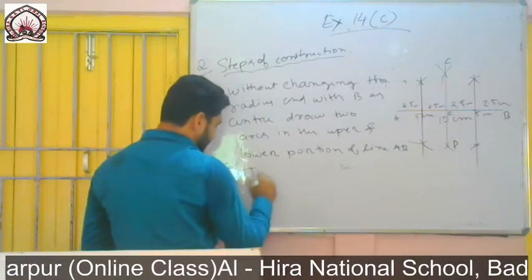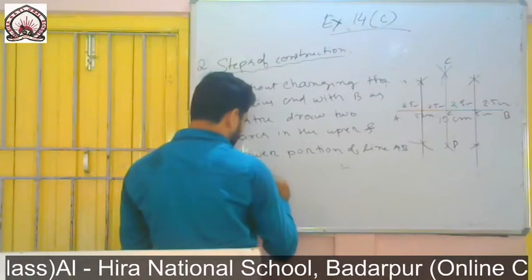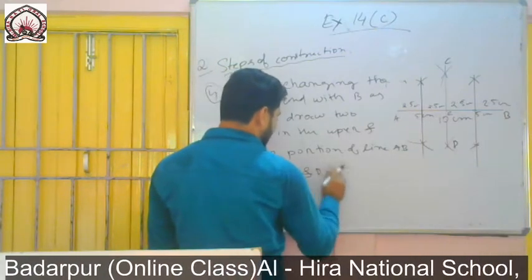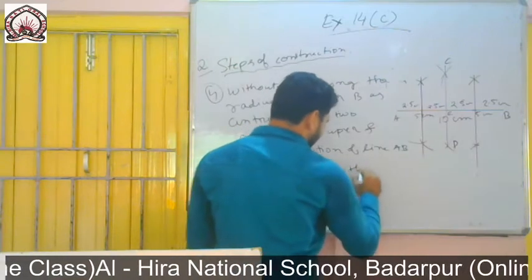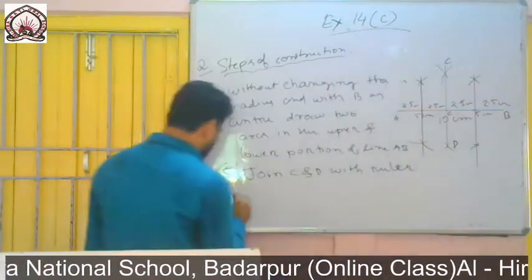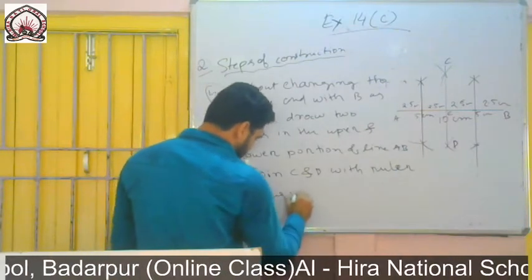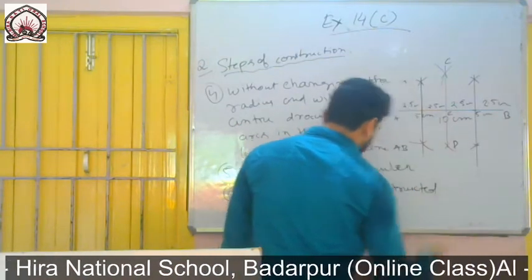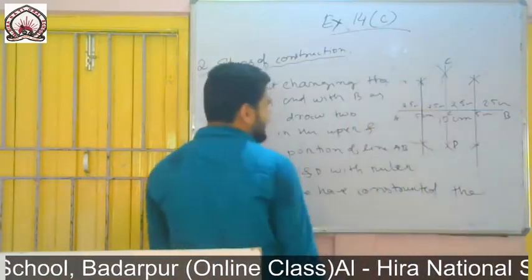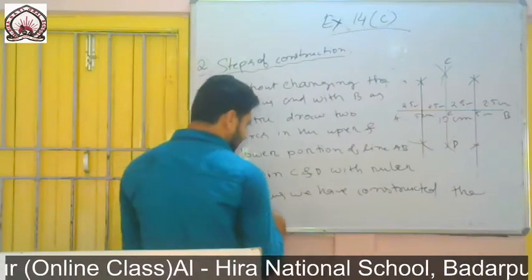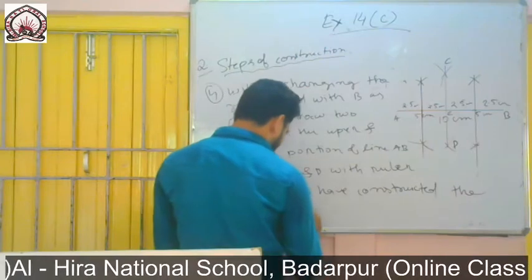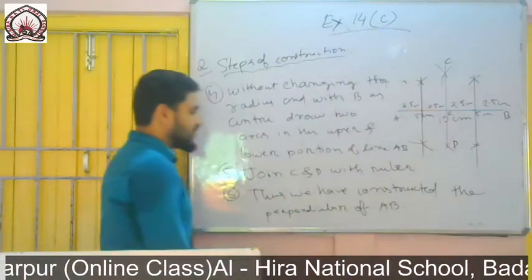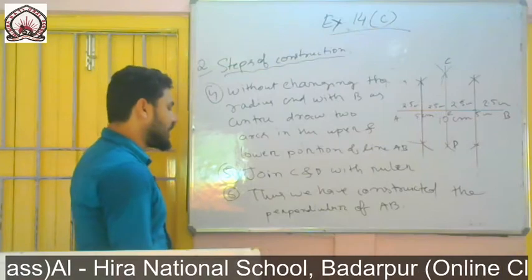Number 5, join C and D with a ruler. Number 6, thus we have constructed the perpendicular bisector of AB.